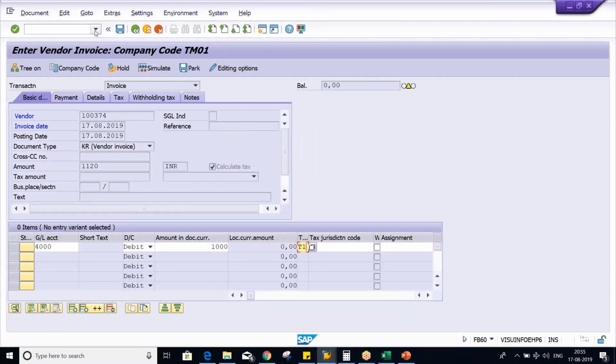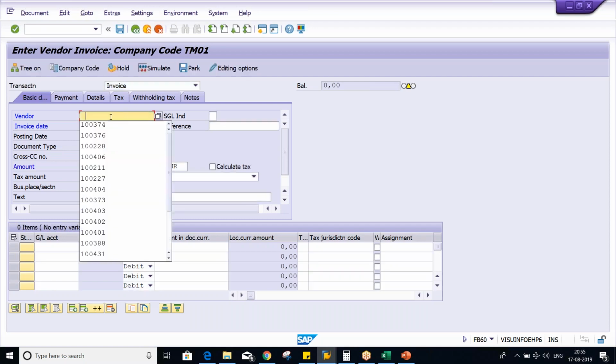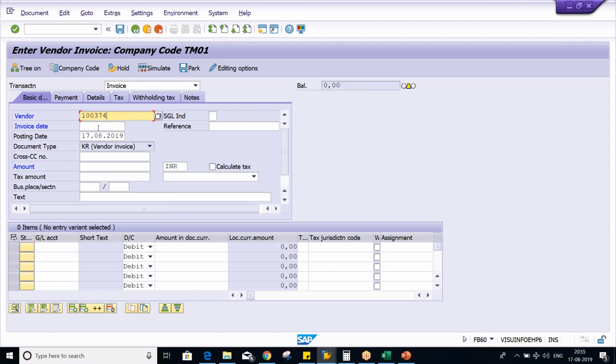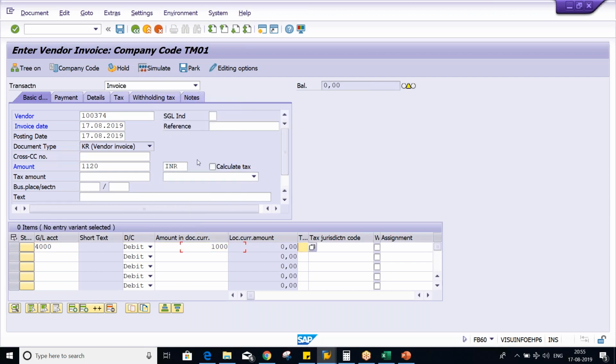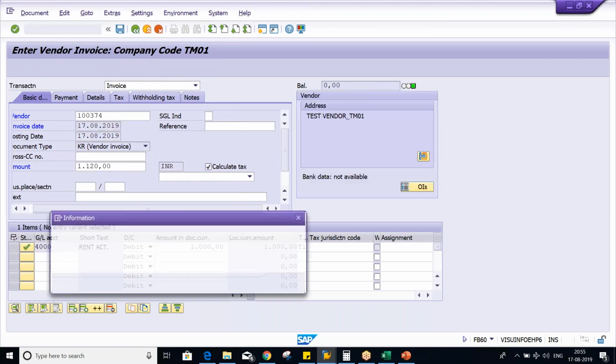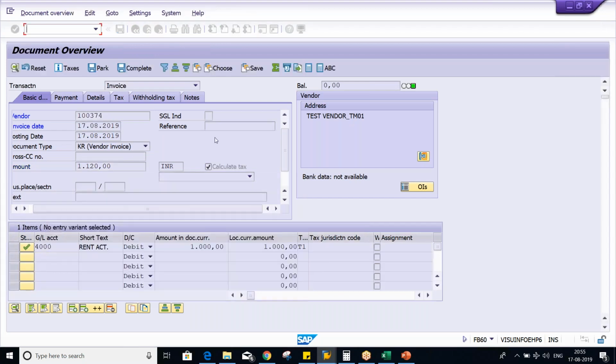So once again, FB60 guys. Okay, so here T1 and simulate. Just press enter.